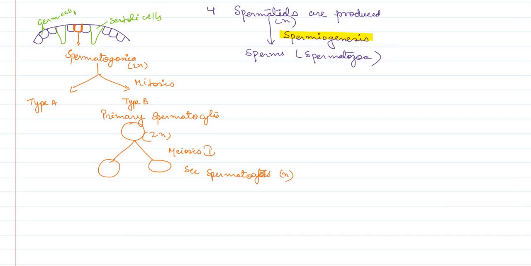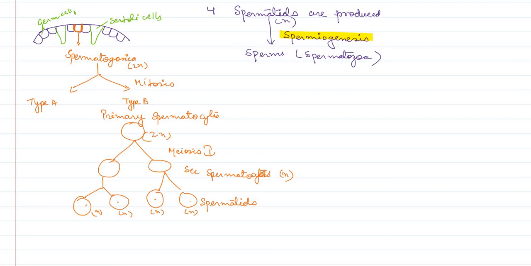Okay, this will undergo meiosis 2 division to produce four spermatids. These are spermatids, which are in haploid condition.